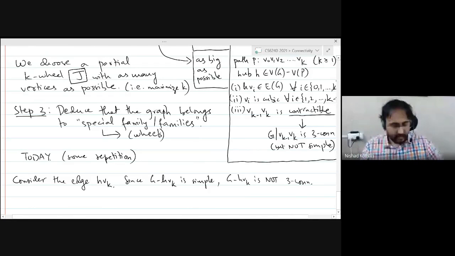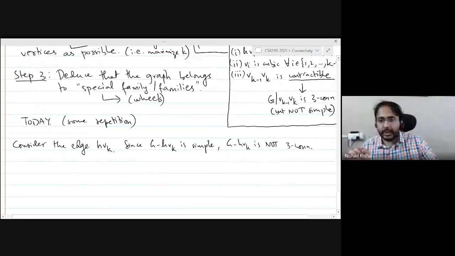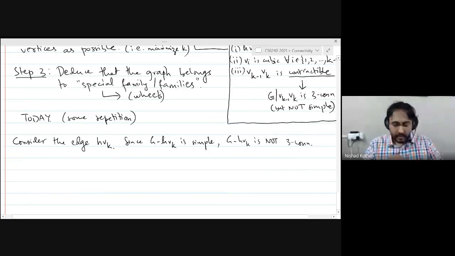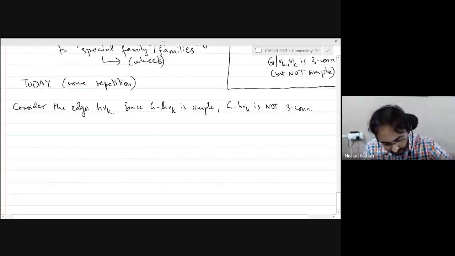So what do we know about deleting an edge in a 3 connected graph and the resulting graph not being 3 connected? Well, that means that after deleting this edge, we have a 2 vertex cut, right? That's clear. There is nothing non-trivial in this.